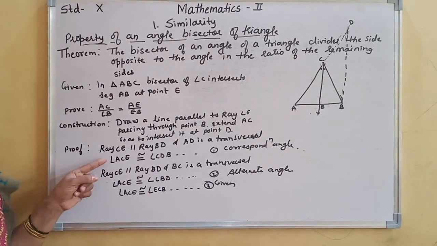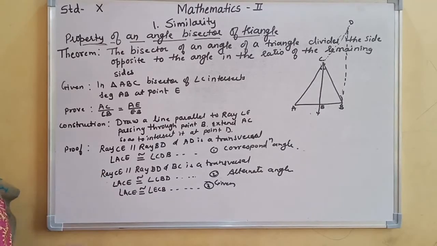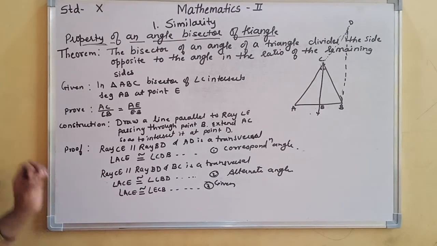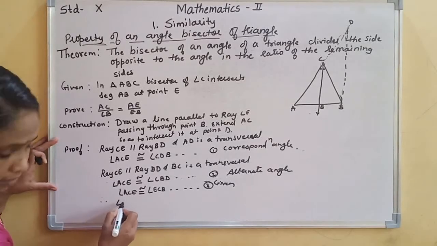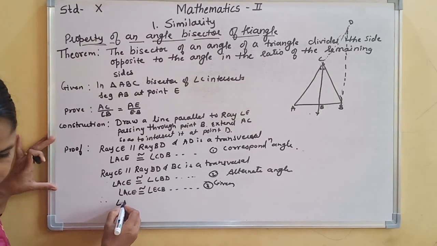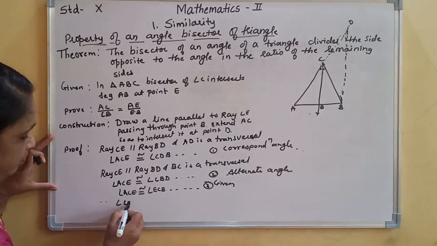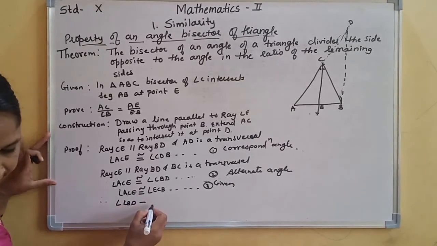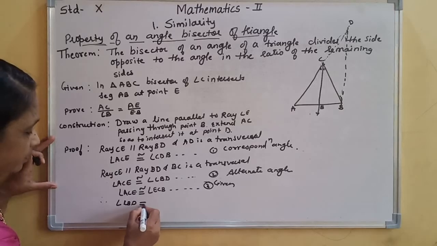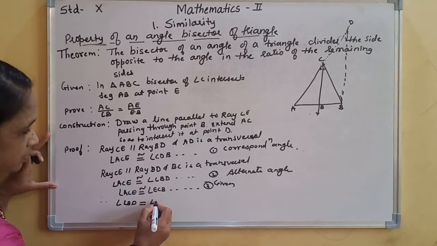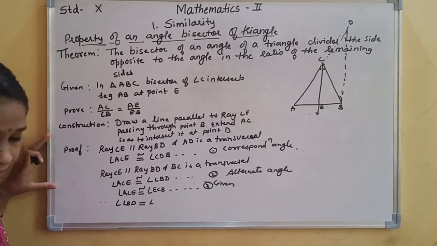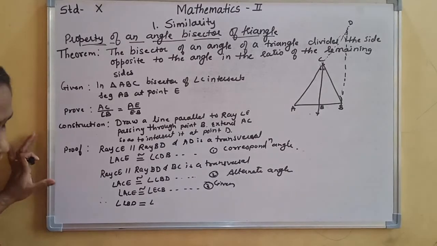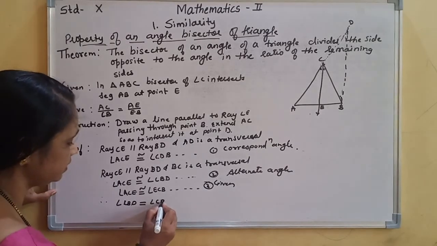So now from this 1, 2 and 3, what are we going to get? Therefore angle CBD is equal to angle CDB.